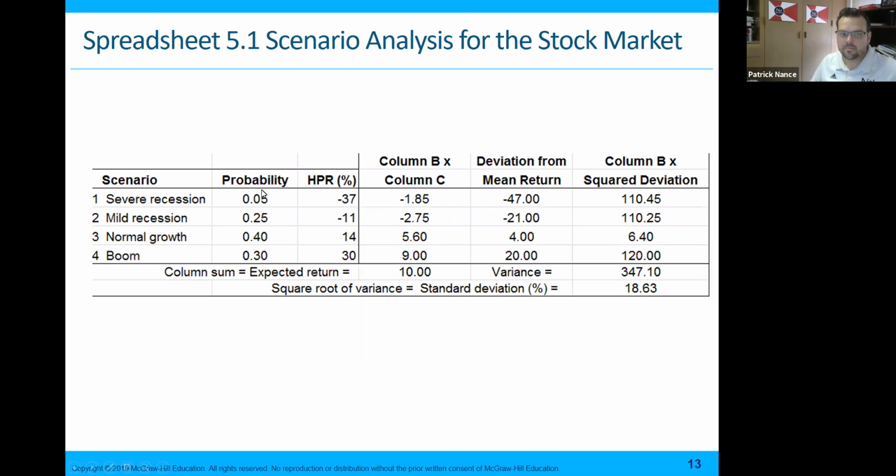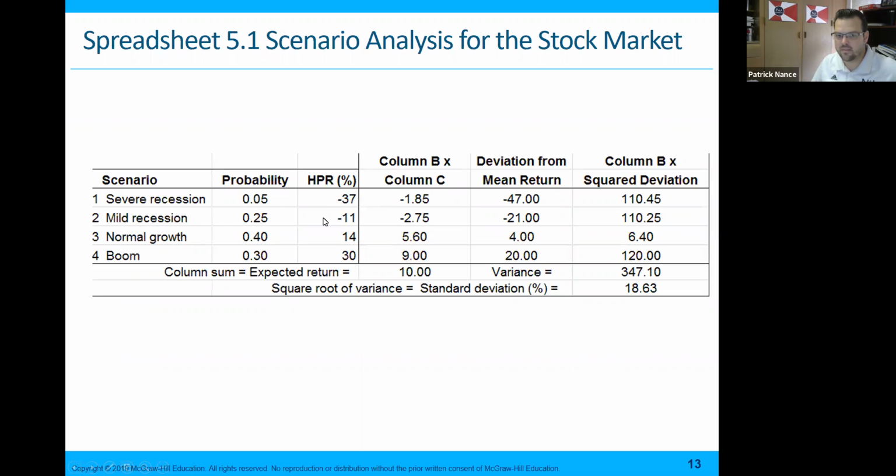So for example, severe recession, mild recession, normal growth, boom. We have our probabilities listed here, so we're weighting our averages. We have our holding period return, or HPR, in these differing periods. We take B times C, so we take 0.5 in this case times negative 3.7.